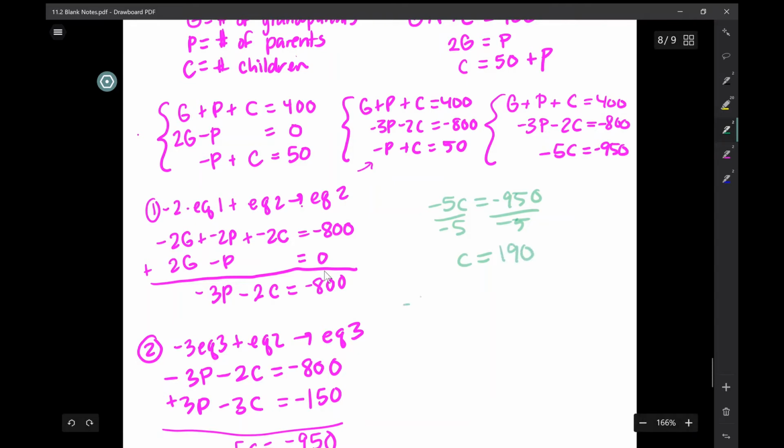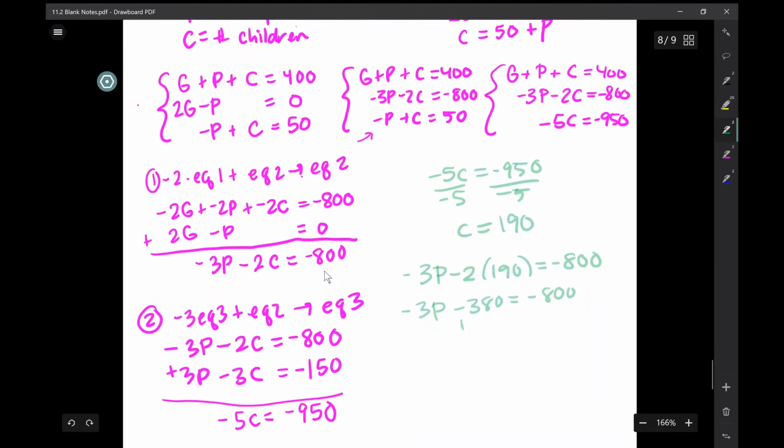And we know that minus 3P minus twice 190 equals minus 800. Twice 190 is 380, so minus 3P minus 380 equals minus 800. Add 380 to each side: minus 3P equals minus 420.